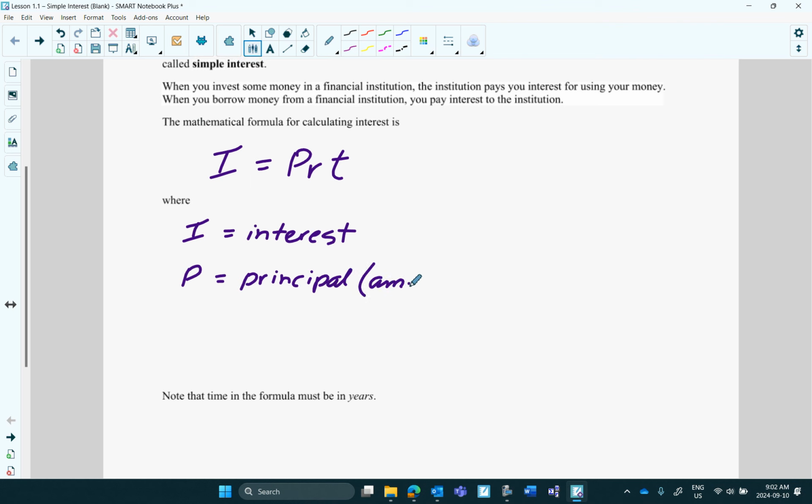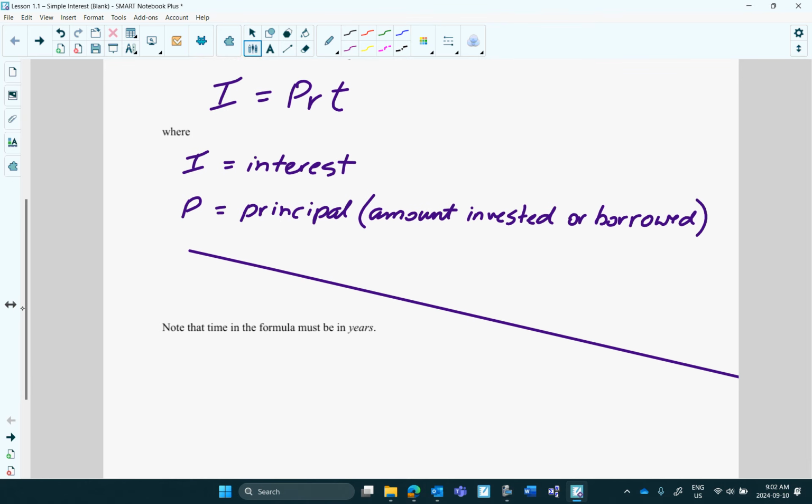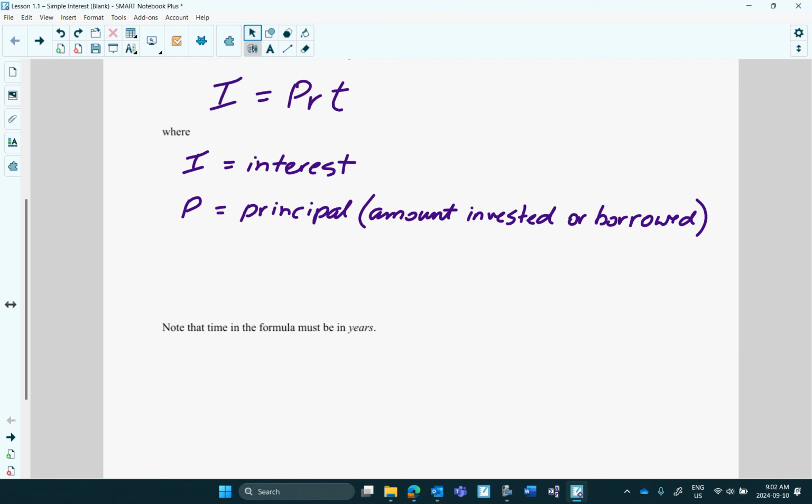So amount invested or borrowed. R represents the annual, and annual just means yearly, interest rate.